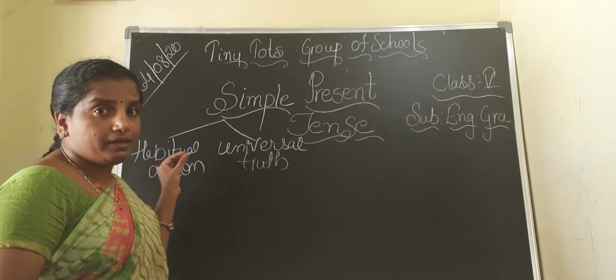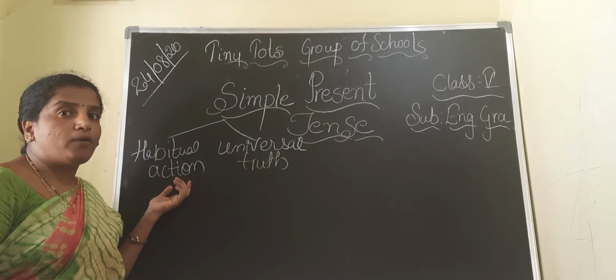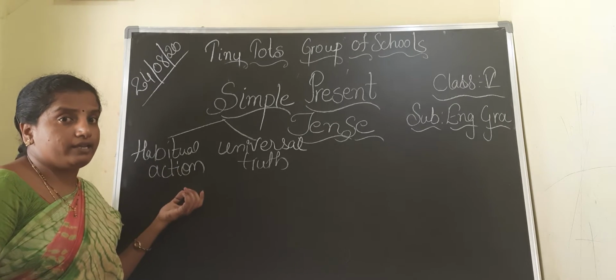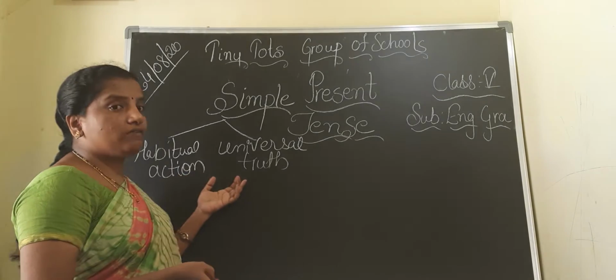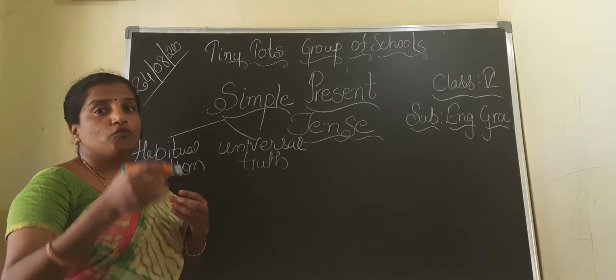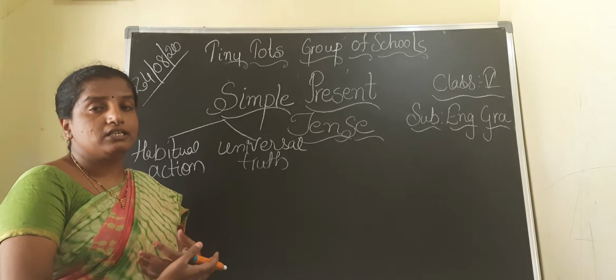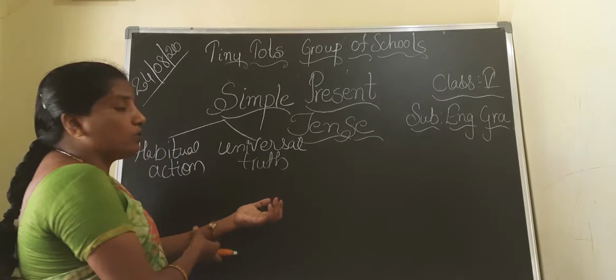What do you mean by habitual? Habitual means the actions which we perform daily or regularly. And universal truth means the actions which occur in nature and which we can't change. They are known as universal truths.